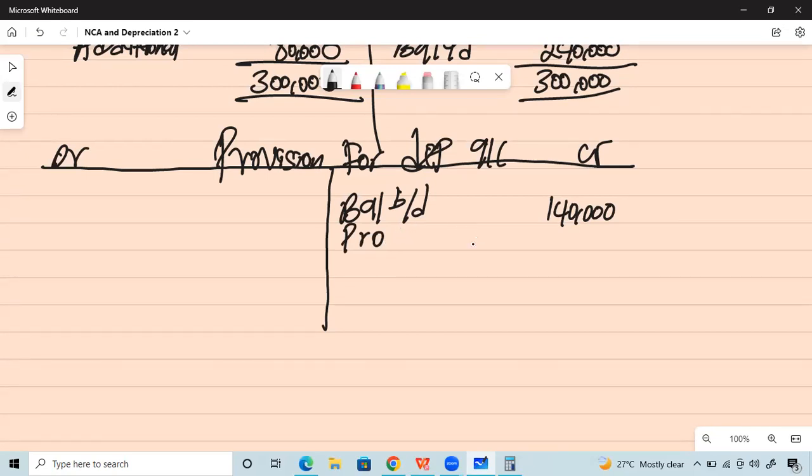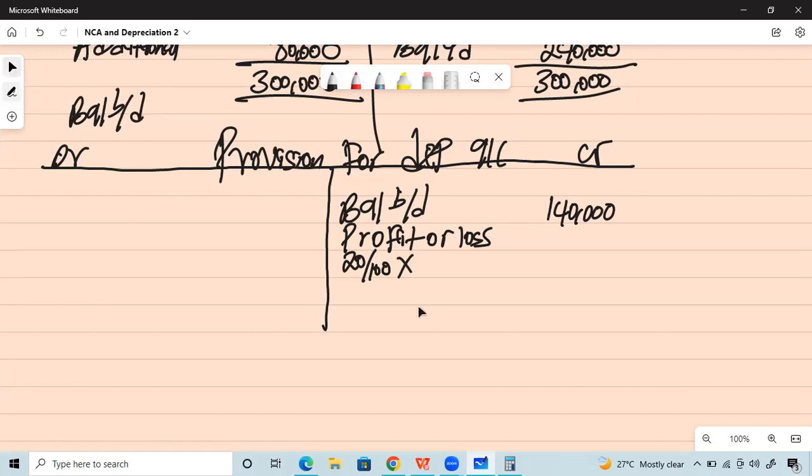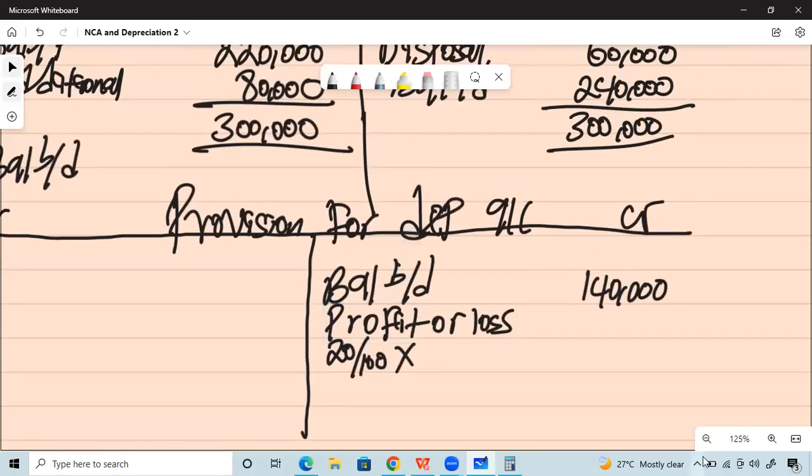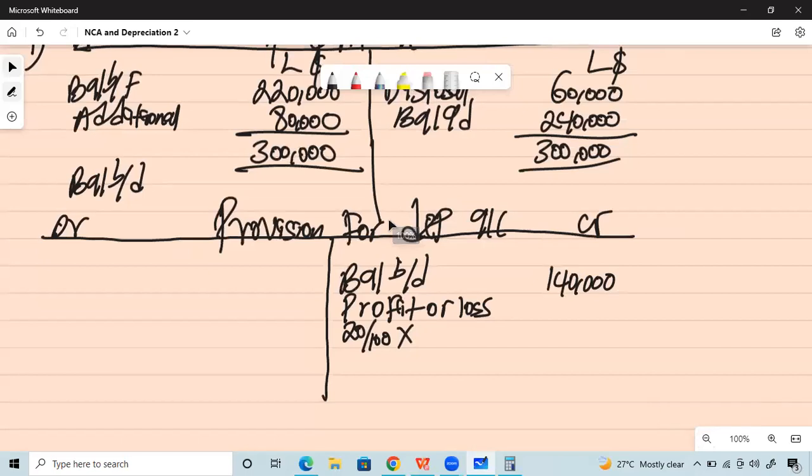What is the rate? The rate is 20%. So 20 divided by 100 multiplied by the value of the asset that you have now. The value of the asset, which is the balance down here. Let's scroll. Balance brought down is 240. That's the value of the asset that you have now.